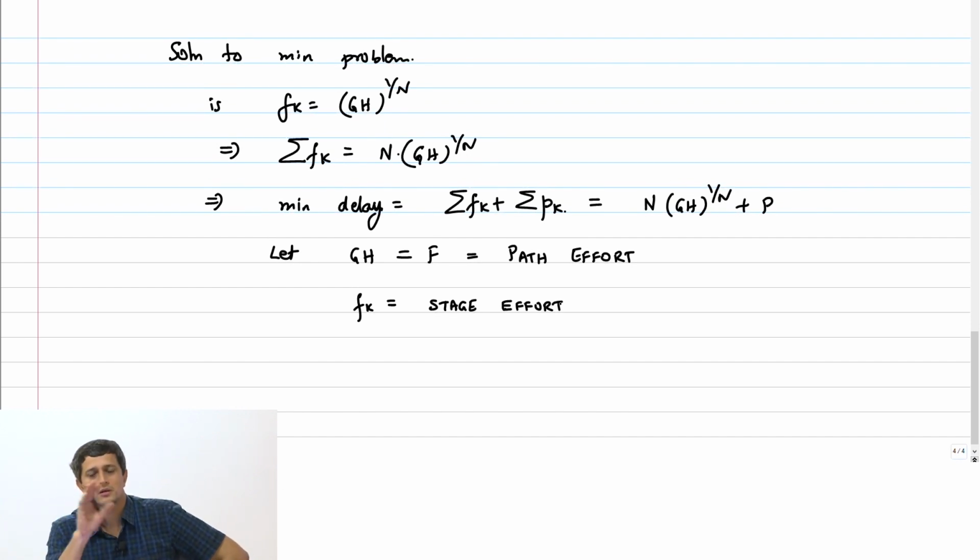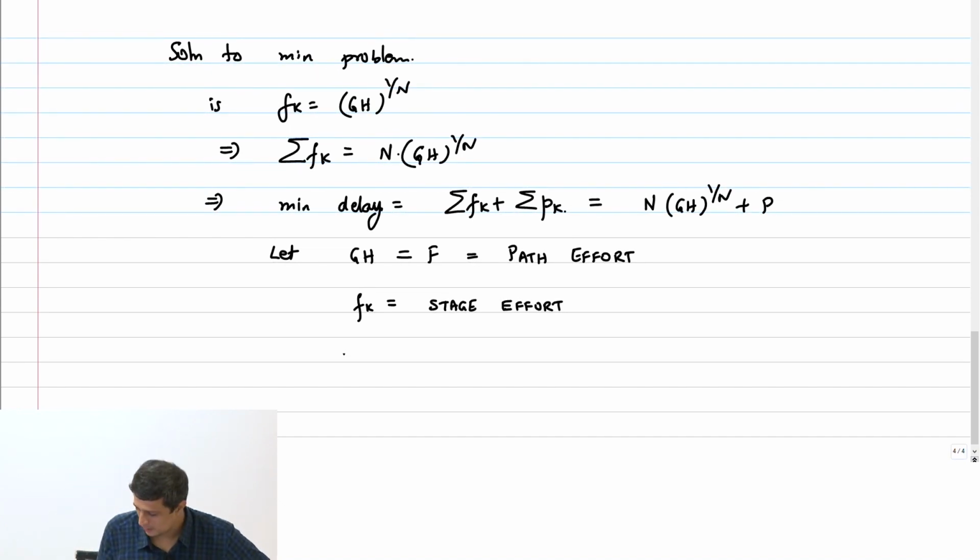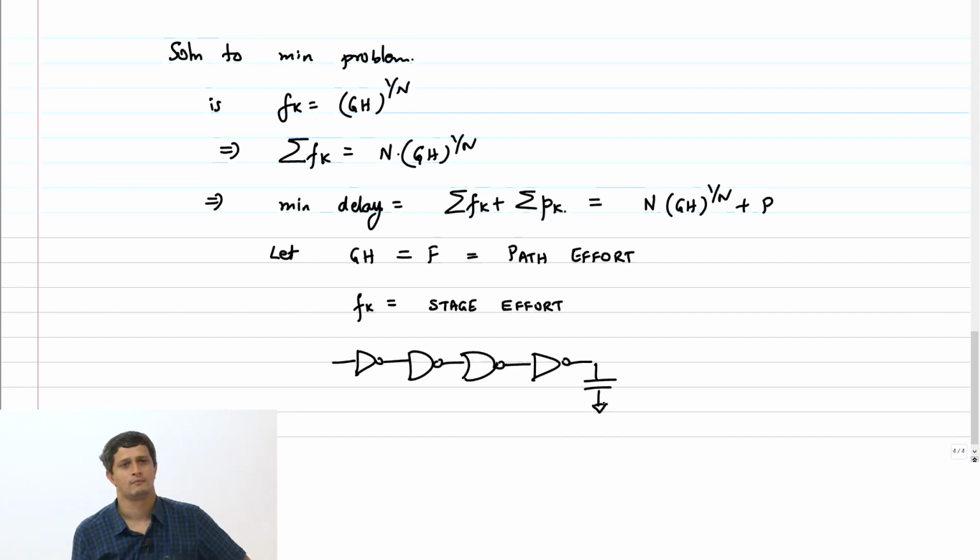So what is this solution telling us? It is telling us that in order to minimize the delay, each gate must be doing an equal amount of work. Right? For example, if I have a gate like this, one more inverter and then a load capacitance.